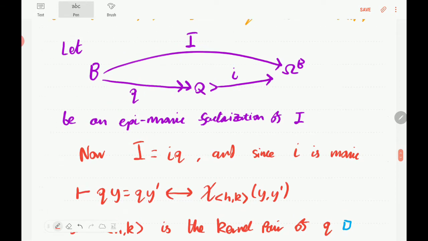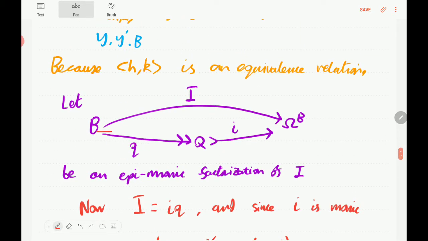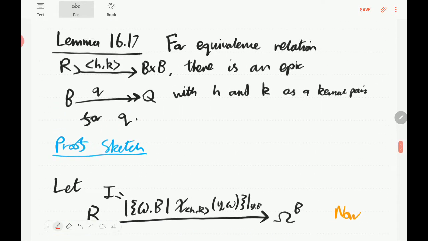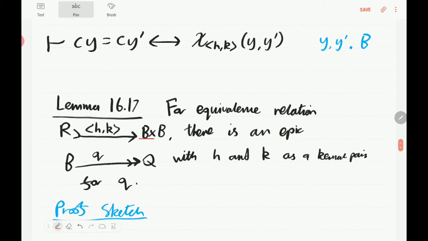So basically, in this case, we can think of this Q here as sending the stuff in B to its equivalence classes. So it's this epimorphism.